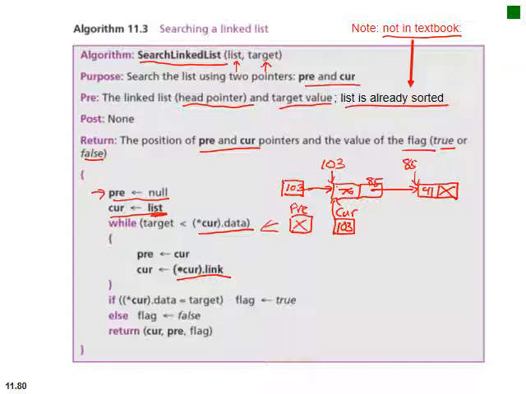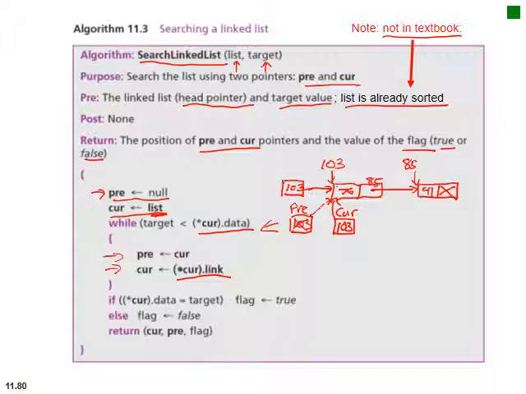And now when we advance the pointers over here, first we do pre gets the value of current. In other words, pre was empty, but pre now needs to point to there. To do that, it needs to get the value of current, which is 103 at this stage.